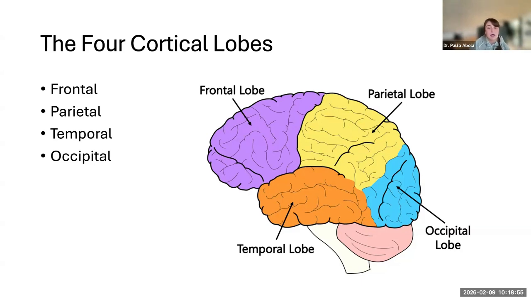And understanding the functions of the cortical lobes is actually essential for interpreting these neuropsychological profiles, not just in clinical settings, as I just said with the example of a patient coming into the clinic, but also in research. So patterns of test performance often reflect lobe-specific dysfunction, such as executive deficits following frontal lobe damage or visuospatial impairments associated with parietal involvement.